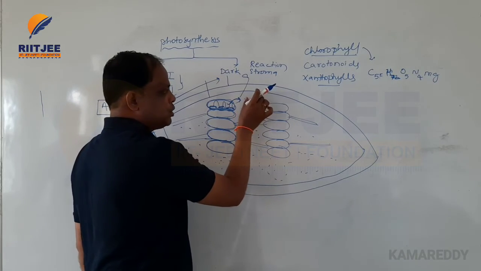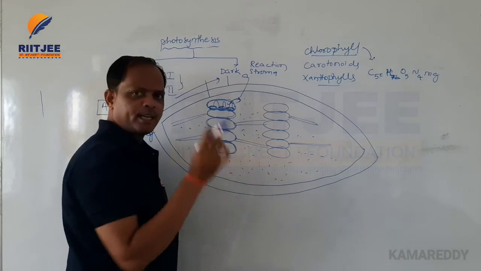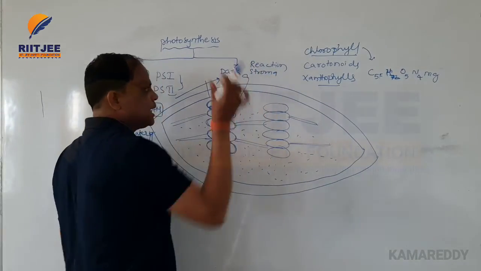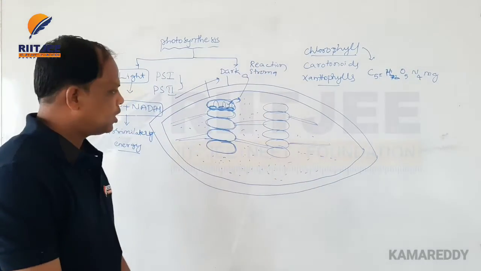Then, with the utilization of ATP and NADPH, the dark reaction starts.